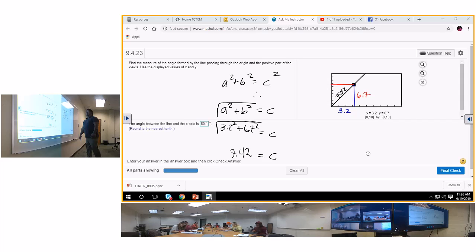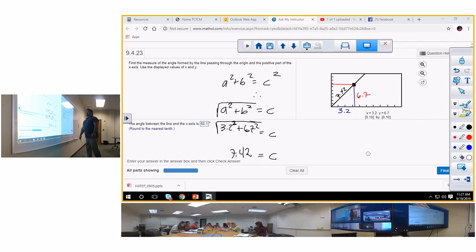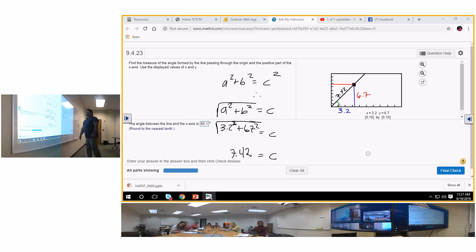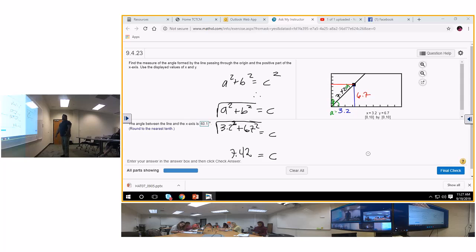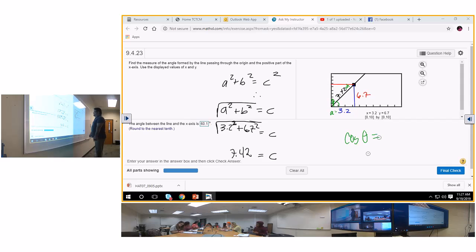So we'll take our handy dandy Verde, and there is the little man. So the little man has got his foot on the adjacent, and the hypotenuse. Oscar had a hump. I would use the cosine. Cosine of theta is equal to adjacent over hypotenuse, 3.2 over 7.42.